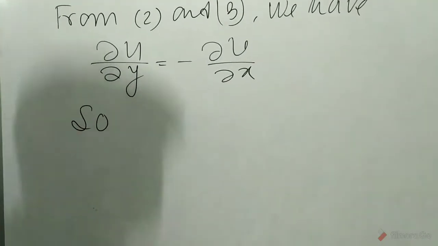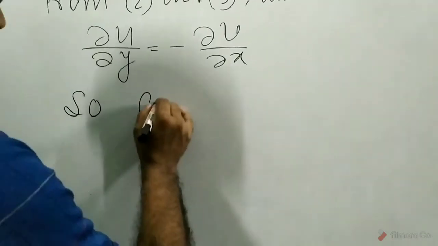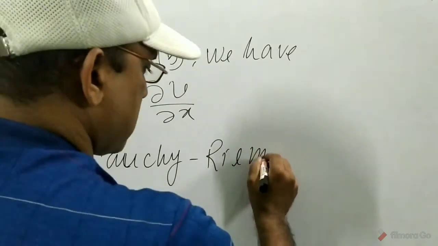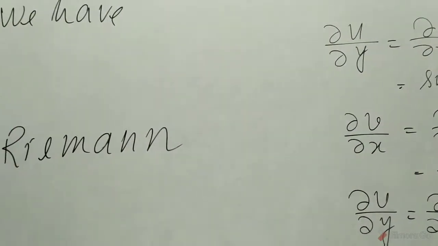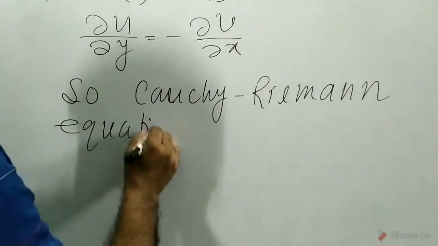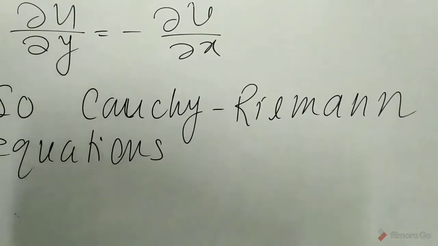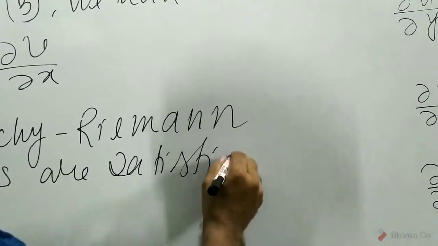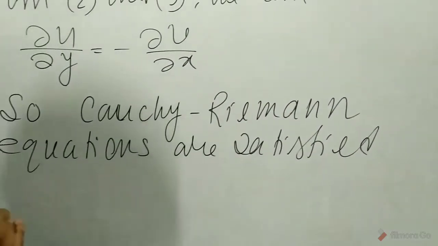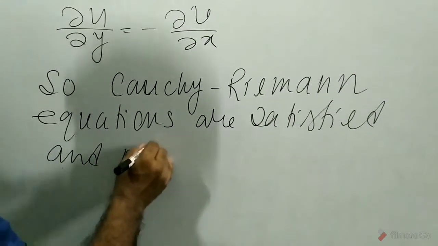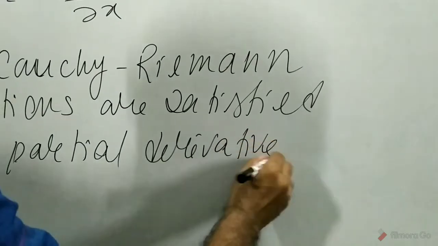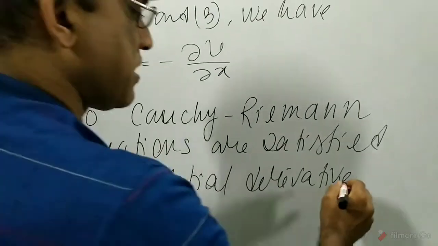Cauchy-Riemann equations are satisfied and partial derivatives are continuous.